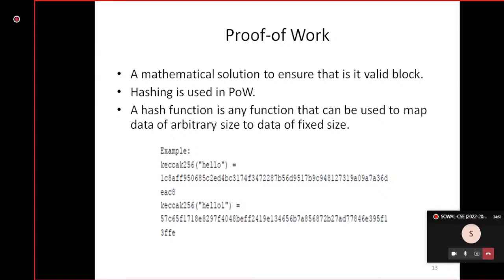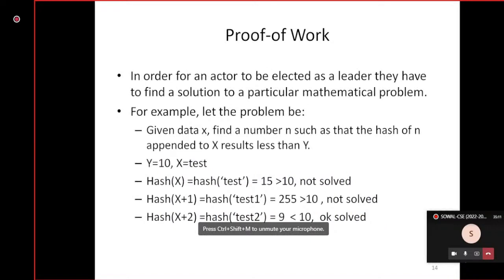Whatever the size of the data I give, it will generate fixed-size output, and that will be unique. And this is a one-way hash function, meaning that by analyzing the hash value, we cannot determine the content of that particular value.